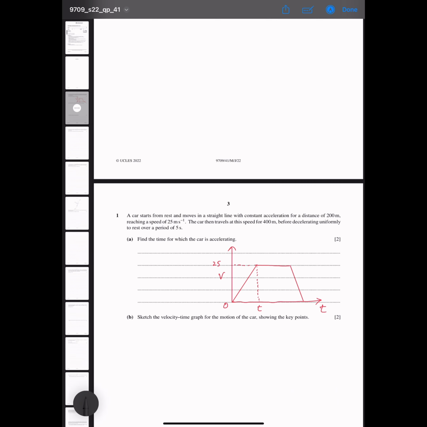Now find the time for which the car is accelerating.